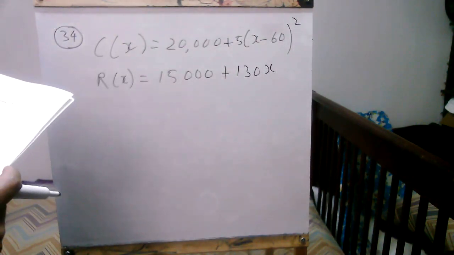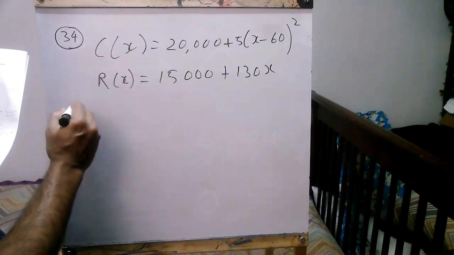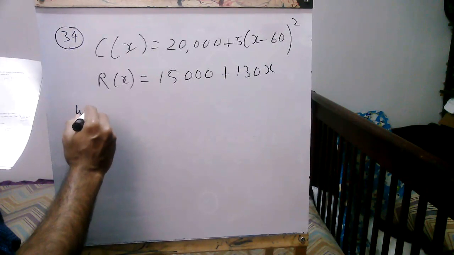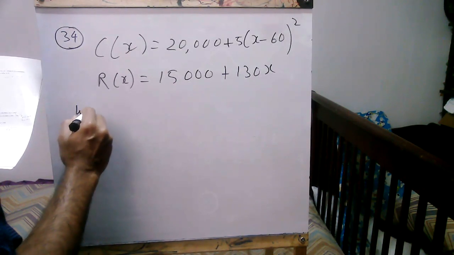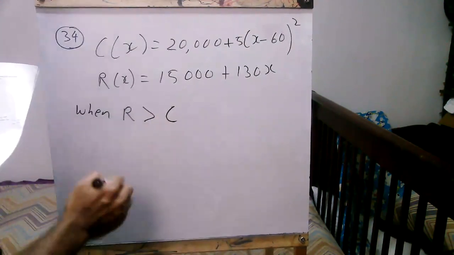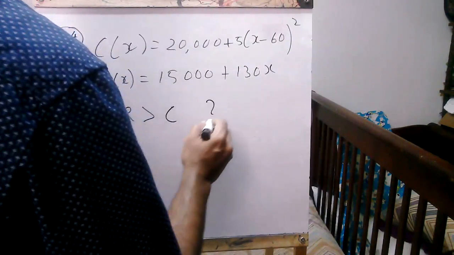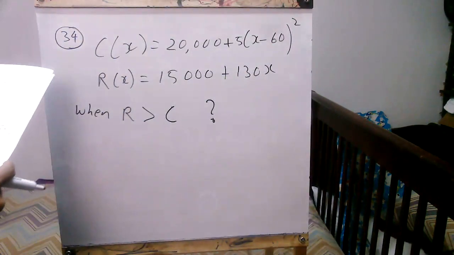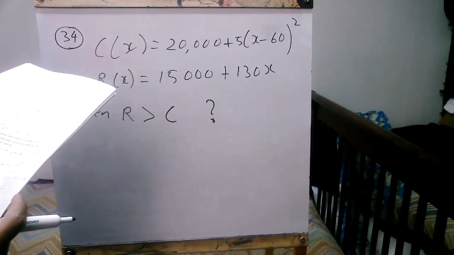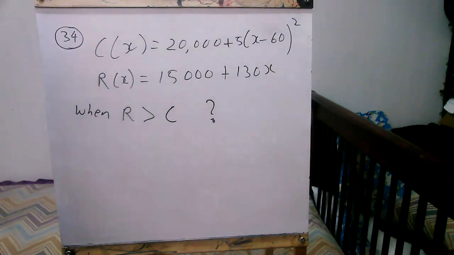The revenue will exceed the cost. Revenue will exceed the cost means it's asking when R is greater than C. In simple terms, this is what they are asking. Right? I tell you the way to do this. You plot these two graphs.